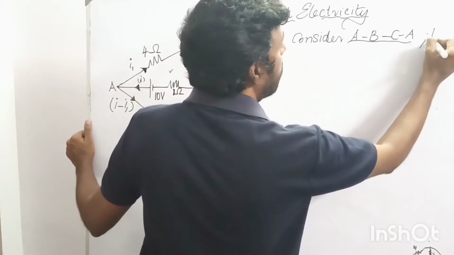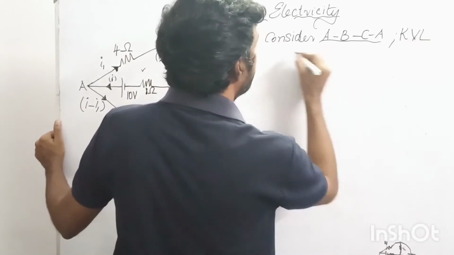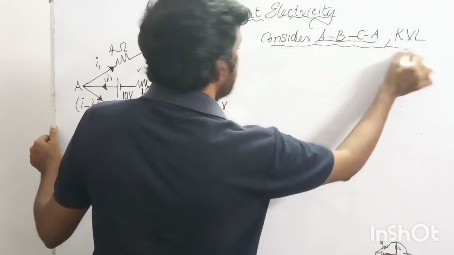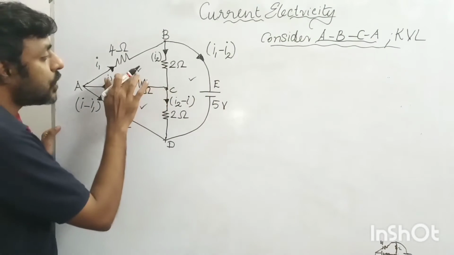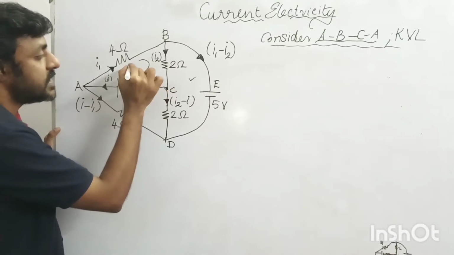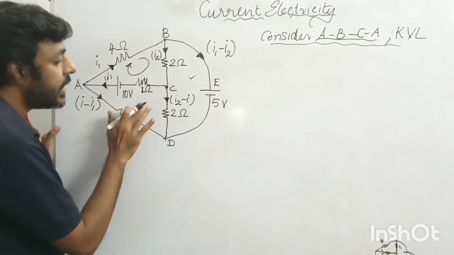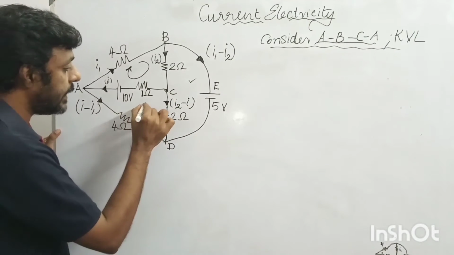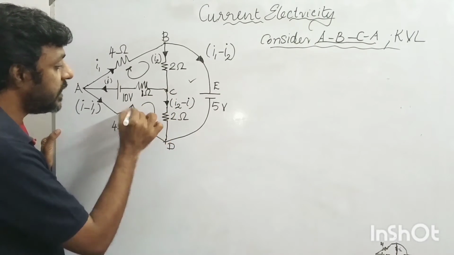Now I am going to apply KVL. Again, my direction of travel inside the loop will be in the clockwise direction. In this loop also, A, C, D, A, my direction of travel will always be clockwise.